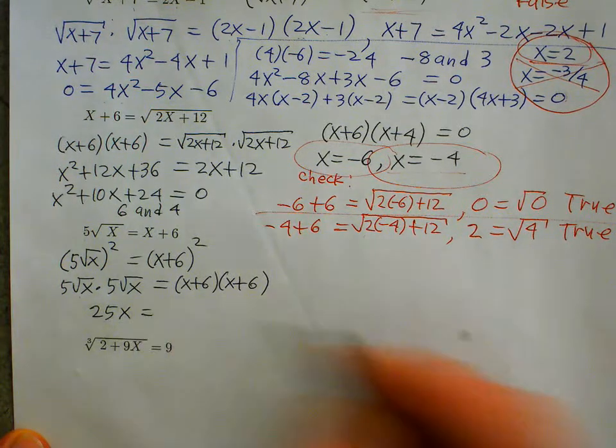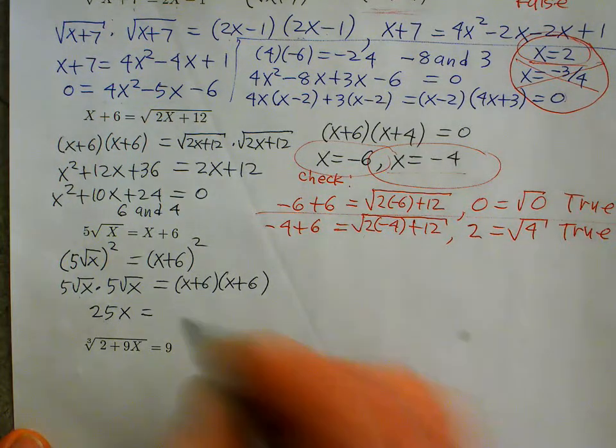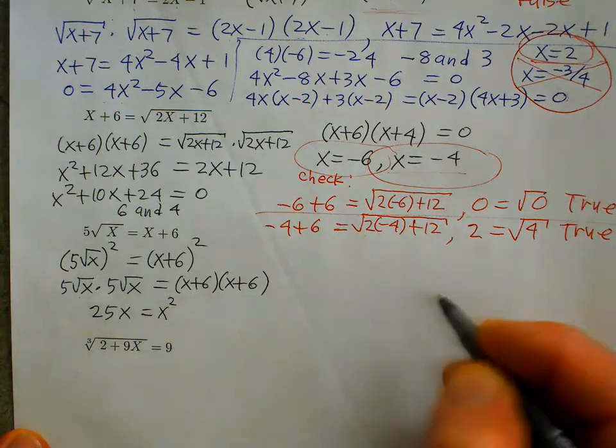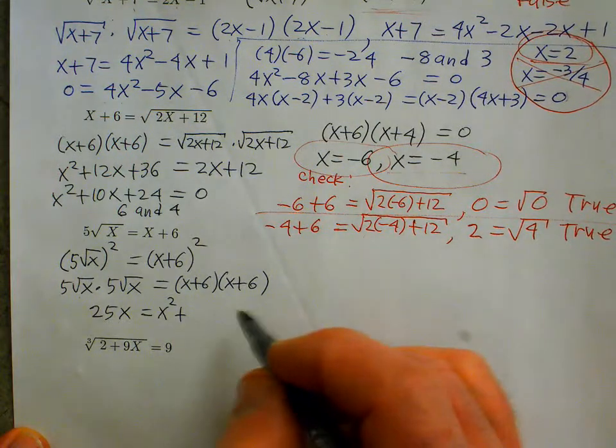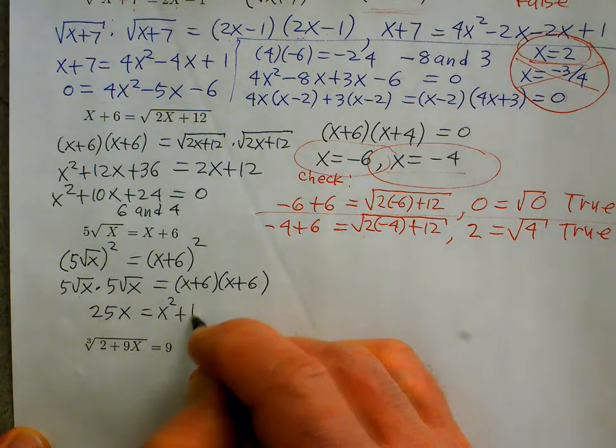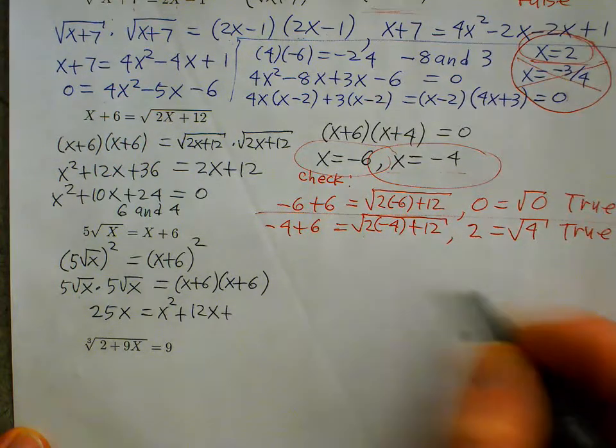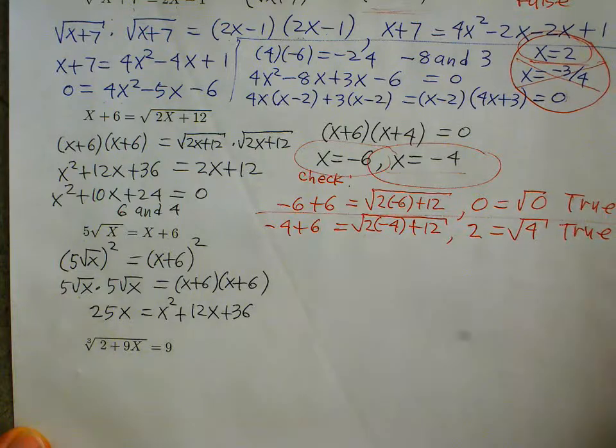On the right-hand side, x plus 6 times x plus 6 is x squared plus 6x plus 6x a second time, for a total of plus 12x, and then plus 36.